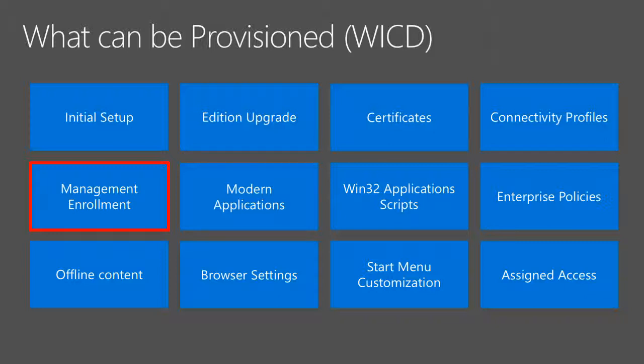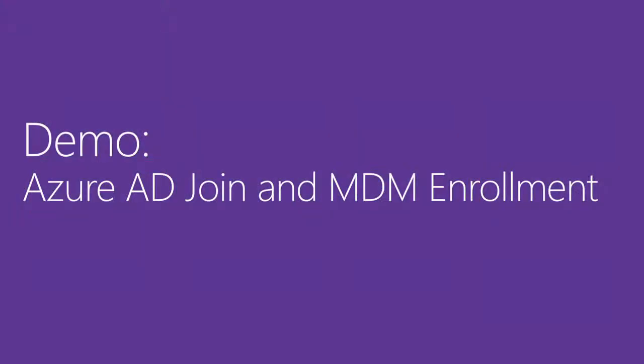Wi-Fi is often important because customers want a mobile device to be connected to the network as soon as possible, but also things like VPN and start screen customization. Yep, and Wi-Fi is also needed for MDM enrollment. So once the device boots up, if it tries to do enrollment, it needs Wi-Fi. So if it's connected, you can even enroll into MDM. Okay, so let me switch to the demo of Azure AD Join.